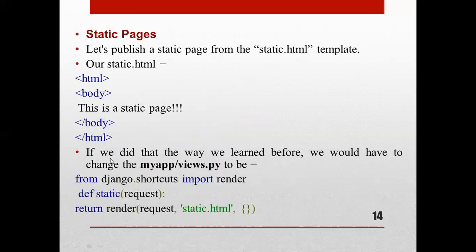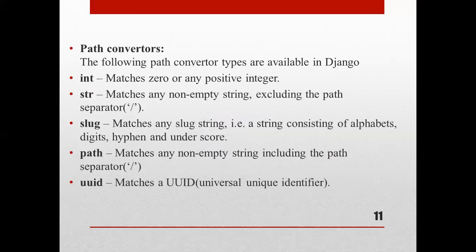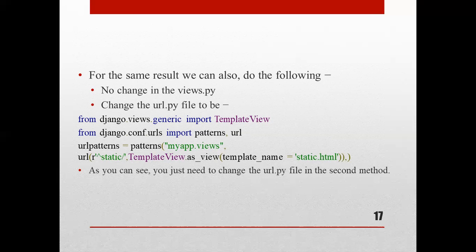we have seen about path converters here. See, we are going to pass the path here. Then the TemplateView, we are going to make the changes like this: TemplateView.as_view, and we pass the template name static.html.